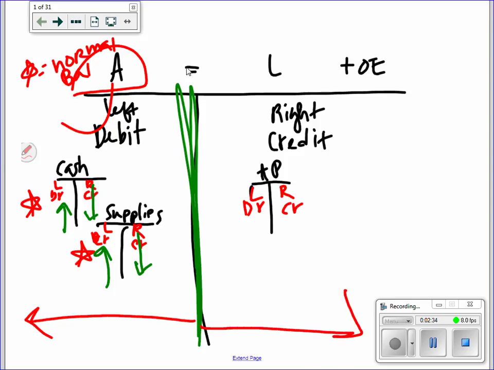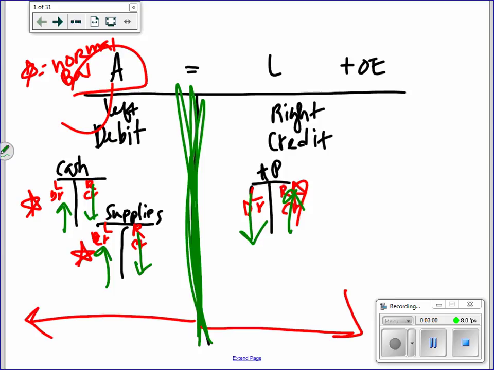So that's where the normal balance side is. We know normal balance sides are always the increase. We know opposite of the normal balance sides are always the decrease. An asset increasing is a debit. Excuse me, debit. An asset decreasing is a credit. The reverse is true for liabilities and equities. I'm starting to sound like a broken record, but it's all based on this big divide.